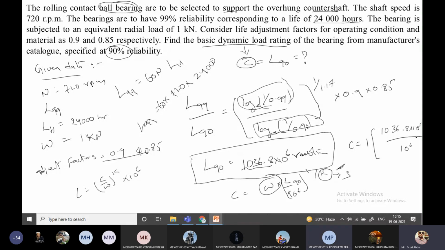Sir, that value is the L99 value, sir, 1036.8. Which one? This one? Yes, sir, the L99 value. Okay. 10 to the power of 6.